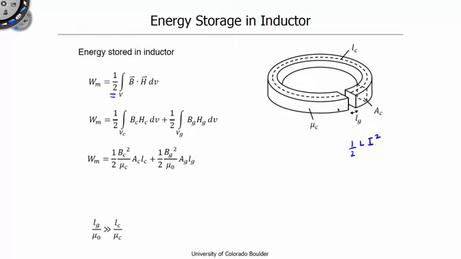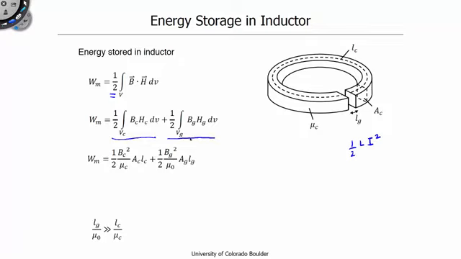Now, in the case of our inductor with an air gap, there are two zones where the magnetic field exists. There is the core, and then there is the air gap. And we're going to assume that the field outside can be neglected. In this case, we can split this integral into two integrals, one over the volume of the core, which is this first one, and second, an integral over the volume of the air gap.